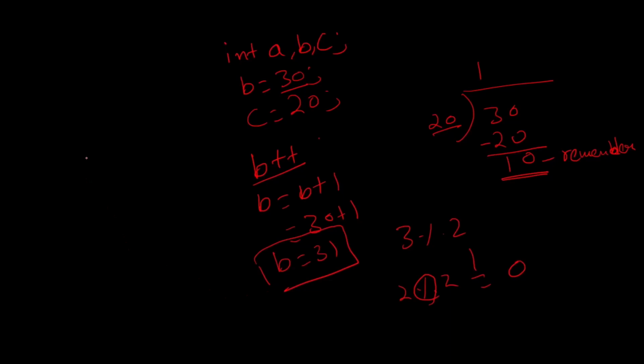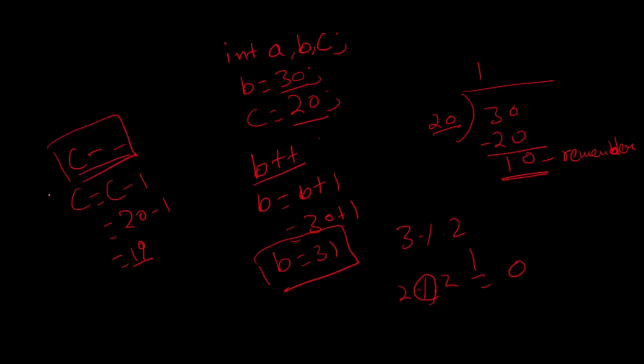And similarly if you use c minus minus, then what it will do is c equals c minus 1, and it will give you 20 minus 1, which is 19, and you can see it will decrement the value by 1 when you use c minus minus or the decrement operator.